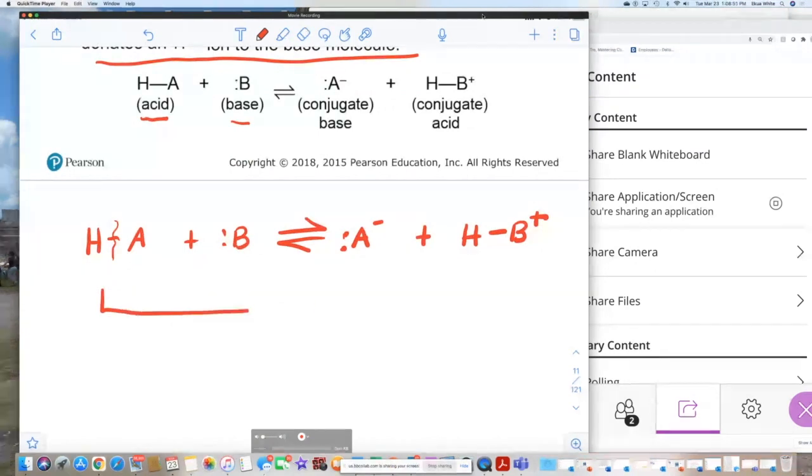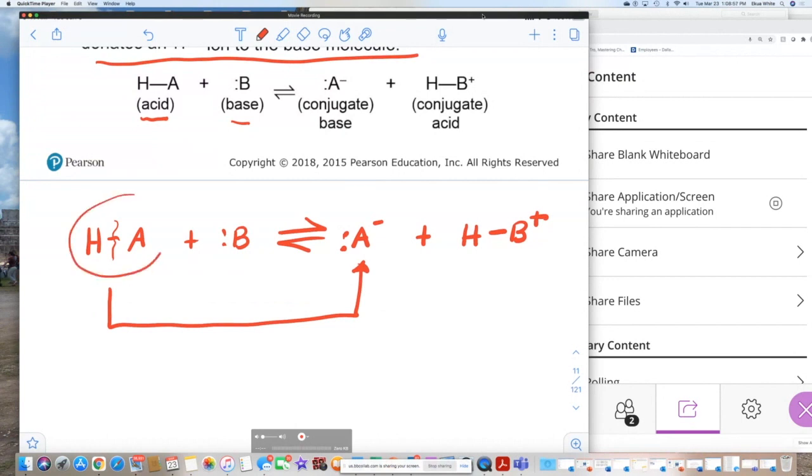So from here to here, oops, I went too far. From here to here, you can see that this molecule here lost a hydrogen plus. In other words, donated H plus, right? Because now in the product, it doesn't have an H plus anymore. And then what happened to B?